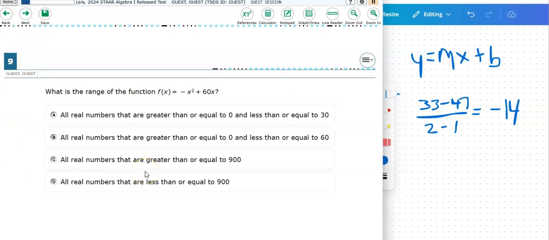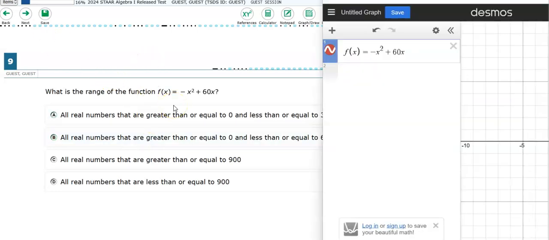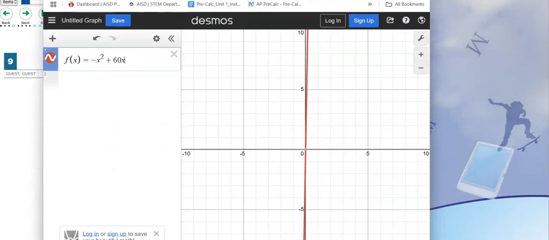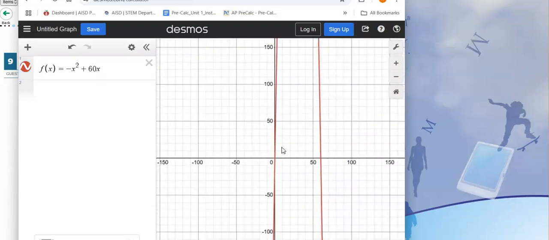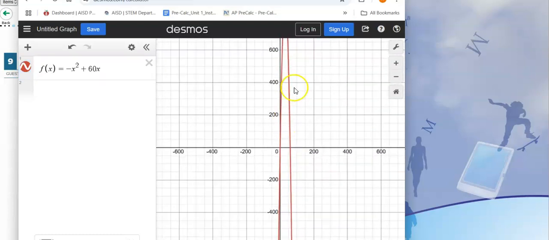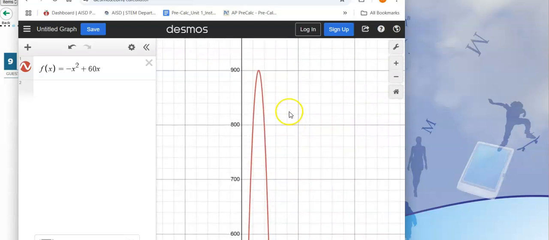All right, what is the range of that? Okay, so I recommend actually graphing that, and you can kind of see the range. Let me show you what I mean by that. There are some algebra ways of explaining this, but I recommend just putting this into the calculator you're given, and you can kind of see. Where is it? Holy crap, that is way up there.